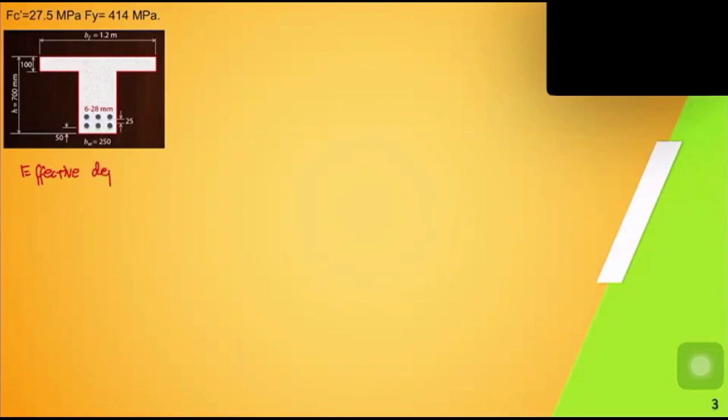So D equals the height, the total height is 700. Pero isubtract natin yung kalahati ng flange. So we assume that first, yung neutral axis mo is nandito siya sa taas. So that is the first step. So this is now the value of alpha. The alpha is the distance from the neutral axis up to the extreme fiber of the compression.